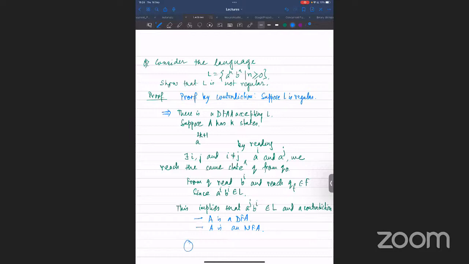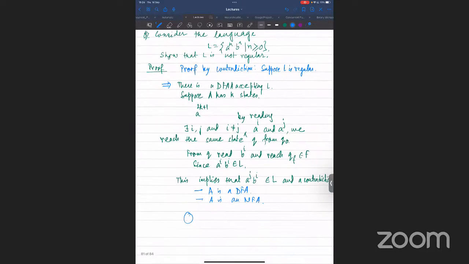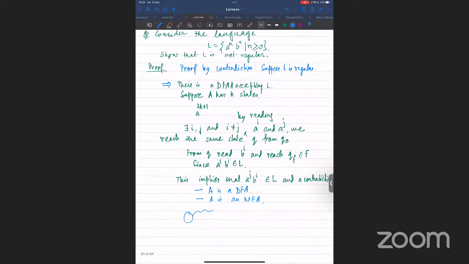Suppose it is accepted by an NFA of k states. Since you can have an arbitrary number of A's, I can have an AI and an AJ, two different paths. Since there are finitely many states, I can have I and J such that by reading AI and AJ, I reach the same state.